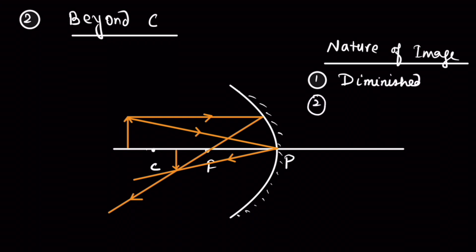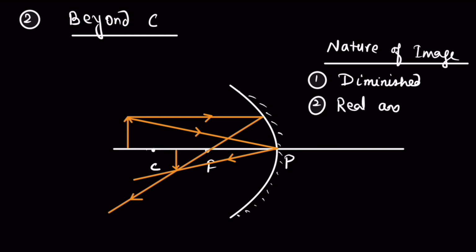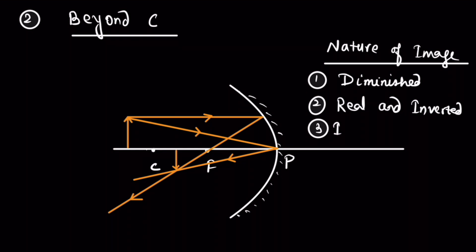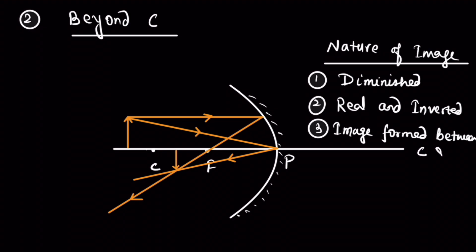Second, real and inverted. Third, the image is formed between C and F, means center of curvature and the principal focus.